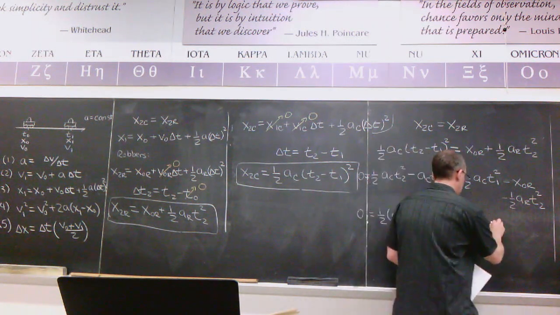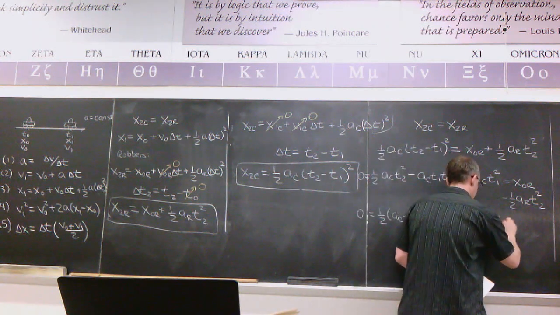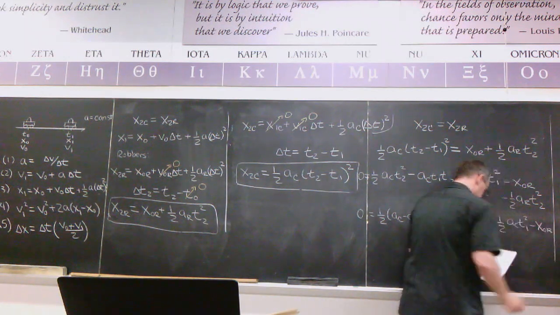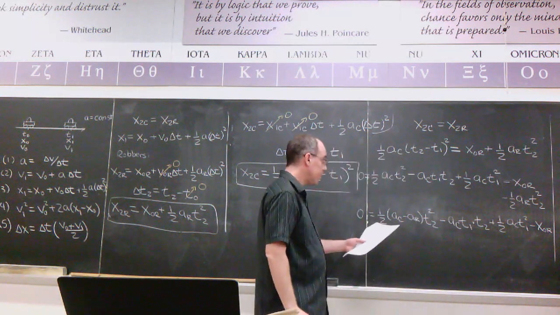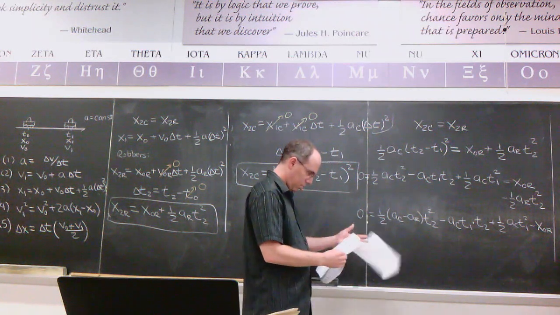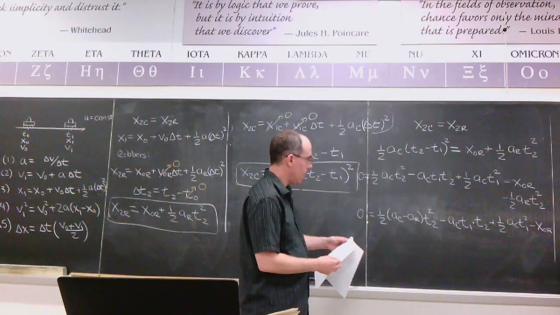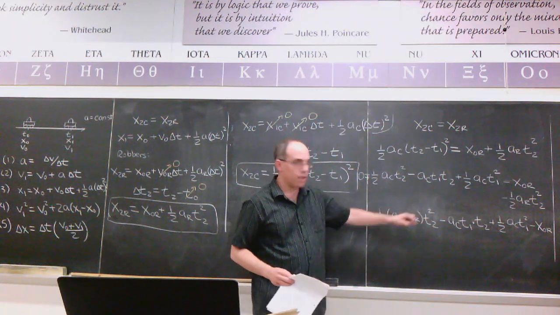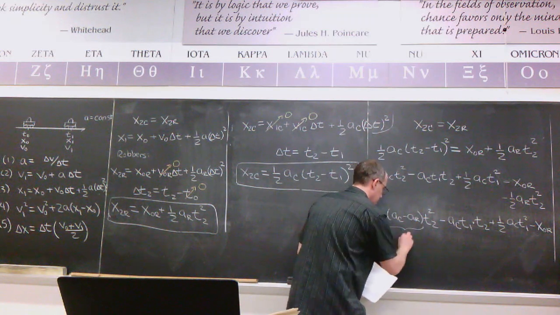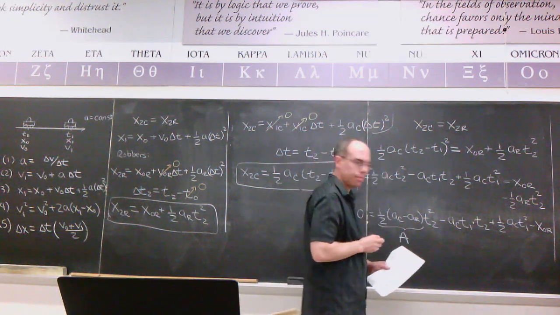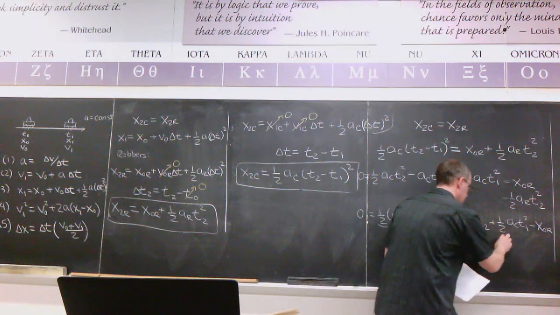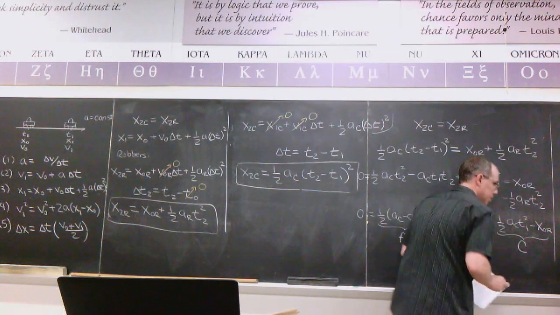And then plus 1/2 a cops t1 squared minus x0 robbers. Okay, so now we have this in standard quadratic form. This would be our quadratic coefficient, our linear coefficient, and then there's our constant term.